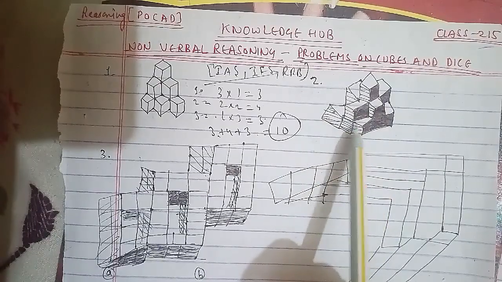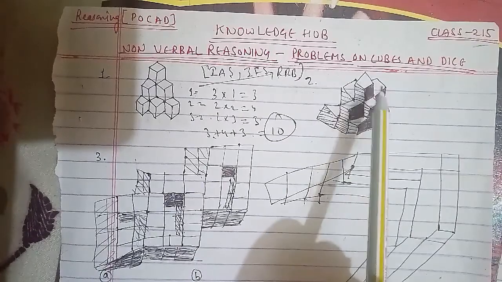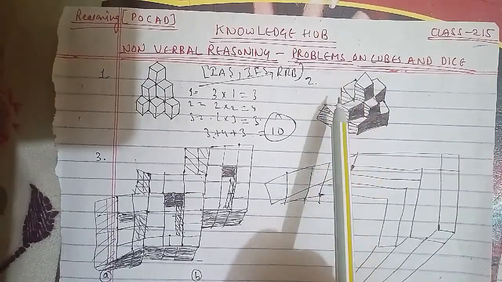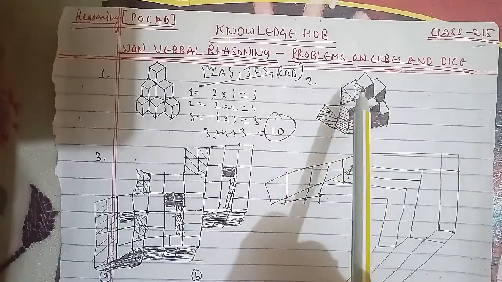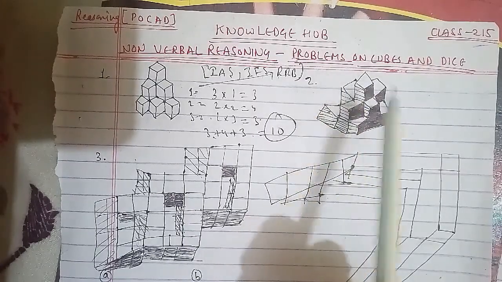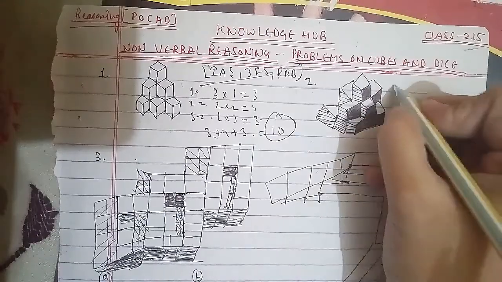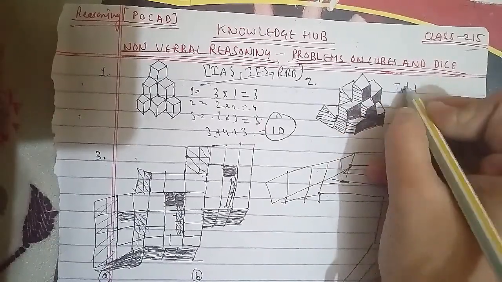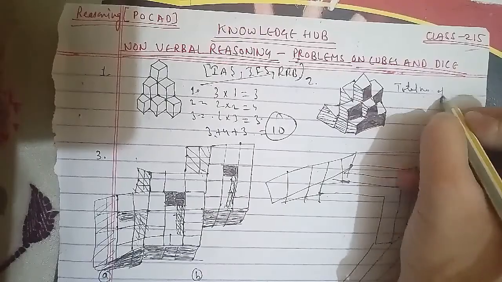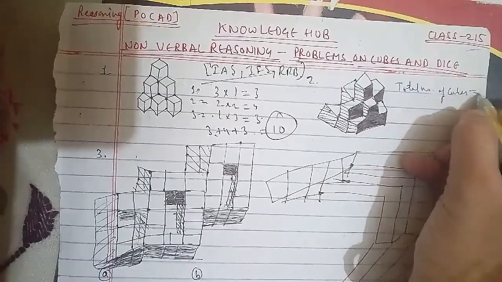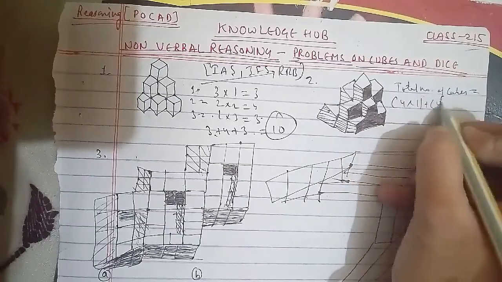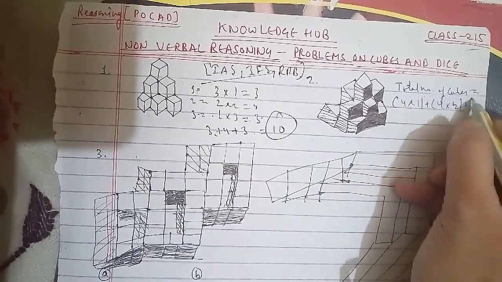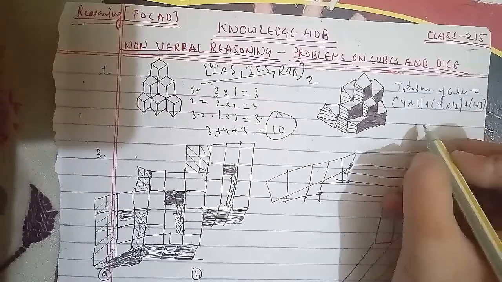So total number of cubes equals 4 into 1 plus 4 into 2 plus 1 into 3. So 4 ones are 4, plus 4 twos are 8, plus 1 three is 3. So 8 plus 4 is 12, plus 3 is 15. So we have a total of 15 cubes here.